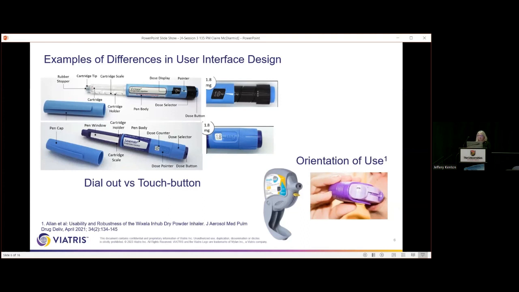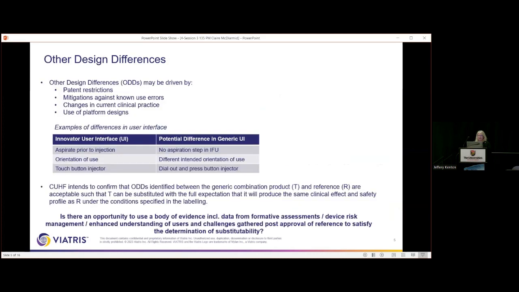Prior to the introduction of comparative analysis and comparative use, this was an area that I spent quite a lot of time discussing with the agency and with our developers as we brought this product to the market. So those are examples of the other design differences.